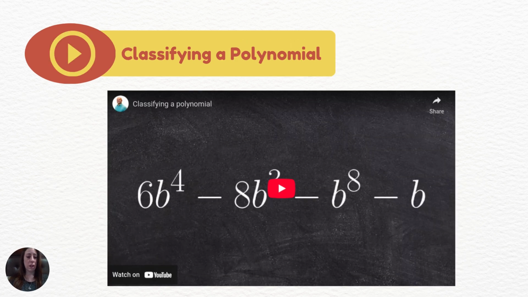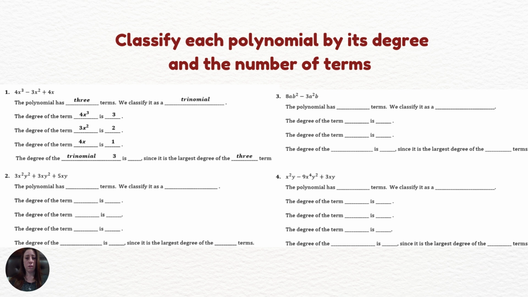Next, I had students watch a short video about how to classify polynomials. After the video, I walked through some more examples with the students, step by step, of how to break down a polynomial by the degree, by the terms, and also identify the degree and then the overall degree of the whole polynomial based on the highest degree of all the different terms.